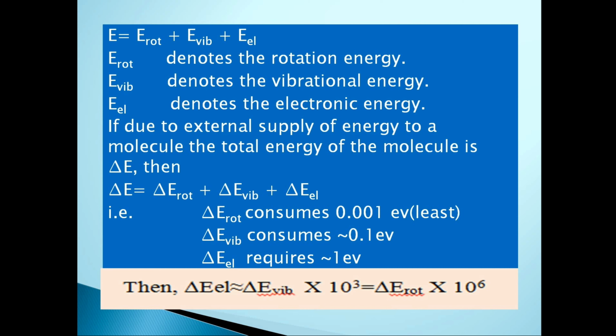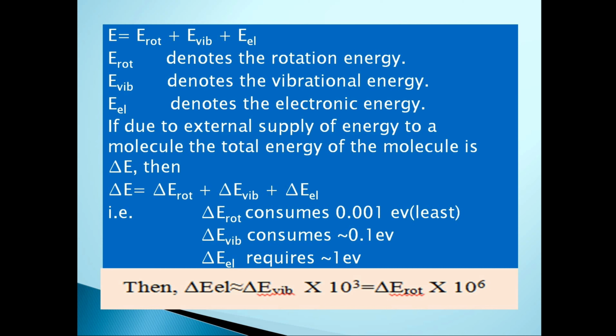So the change in rotational energy will form a part equal to 0.001 electron volt, and that is the least one. In this small amount of energy, the rotational change of level will be available, and if it is in the range of 0.1 electron volt, then we find a vibrational change of energy, denoted by delta E vibration.